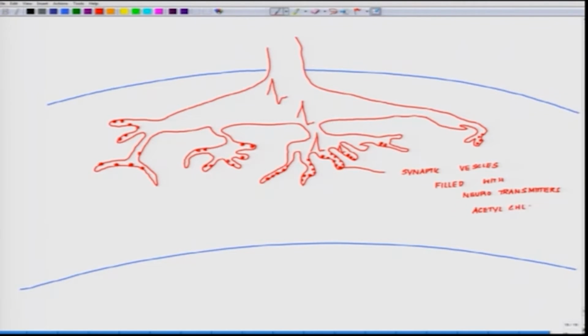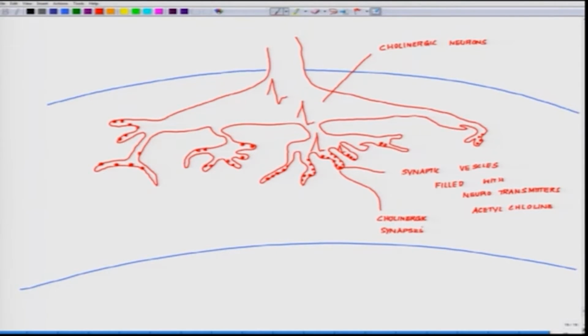Because these synapses are governed by acetylcholine, they are also called cholinergic neurons and cholinergic synapses.